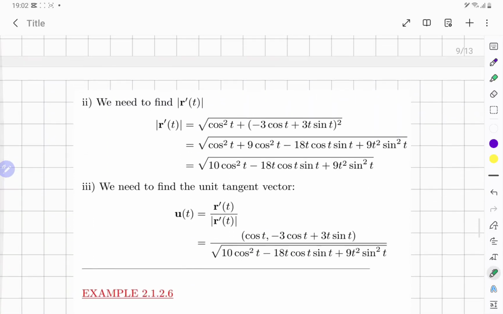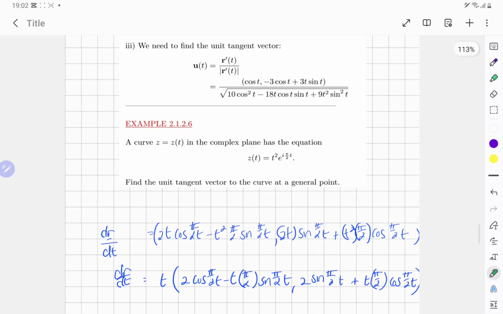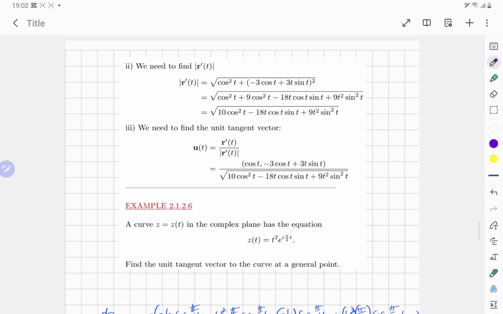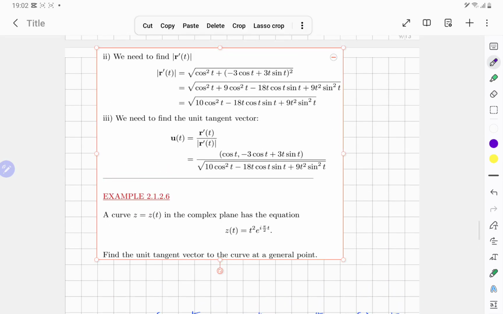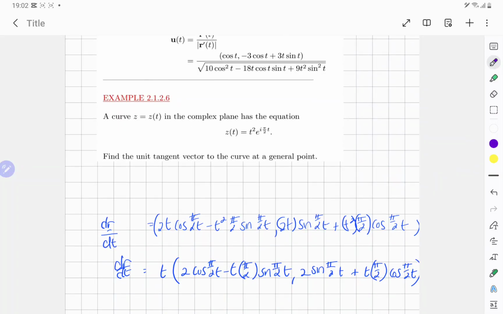I'm not going to do this one now. I think we must go to the last one straight away. You have your curve in the complex plane, and they ask you for the unit tangent vector. I just want you to remember what I always say in my videos: look at what they're asking for.